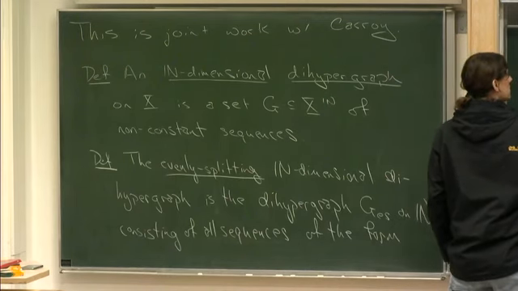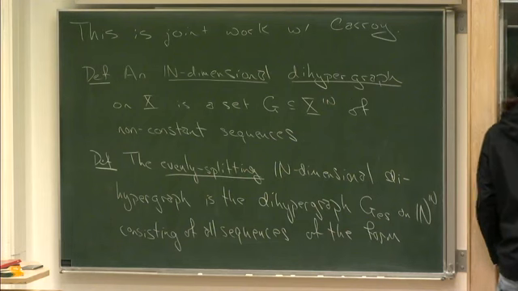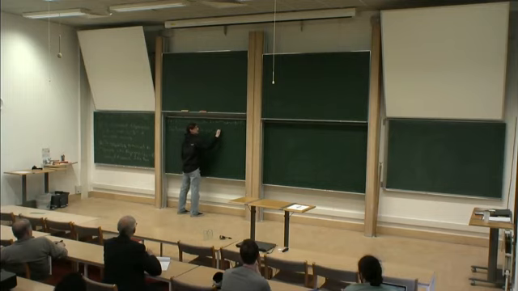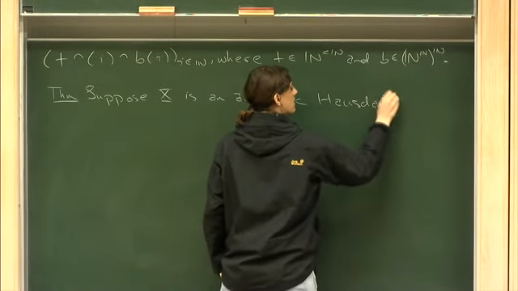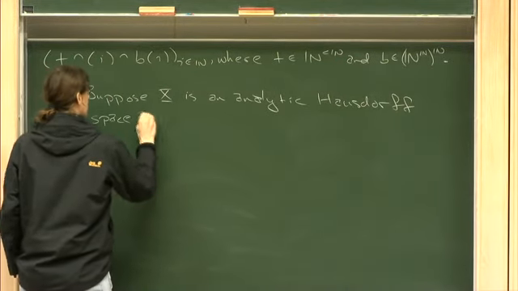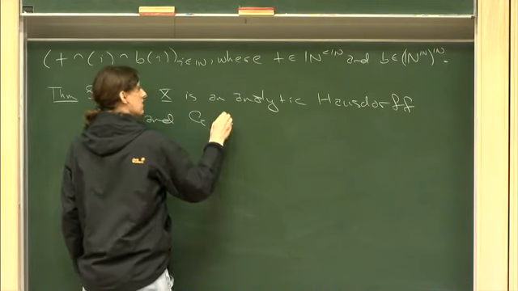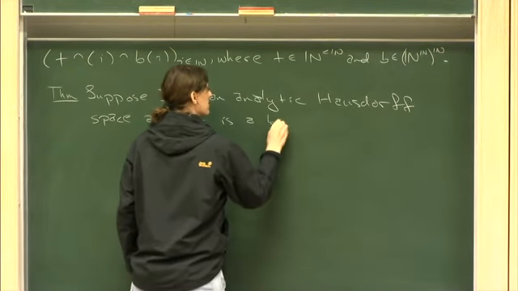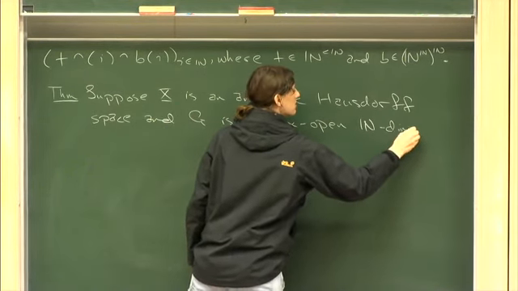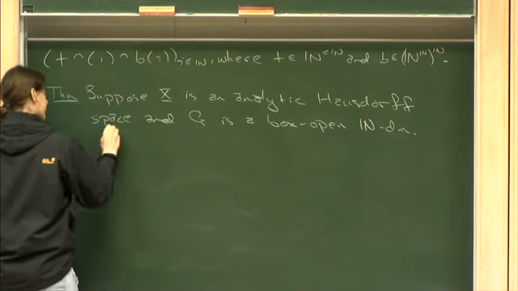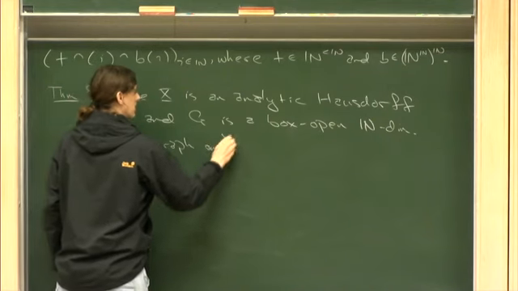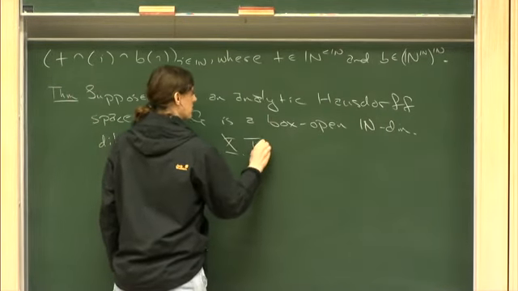Suppose X is an analytic Hausdorff space and G is a box open n-dimensional dihypergraph on X, then exactly one of the following holds.